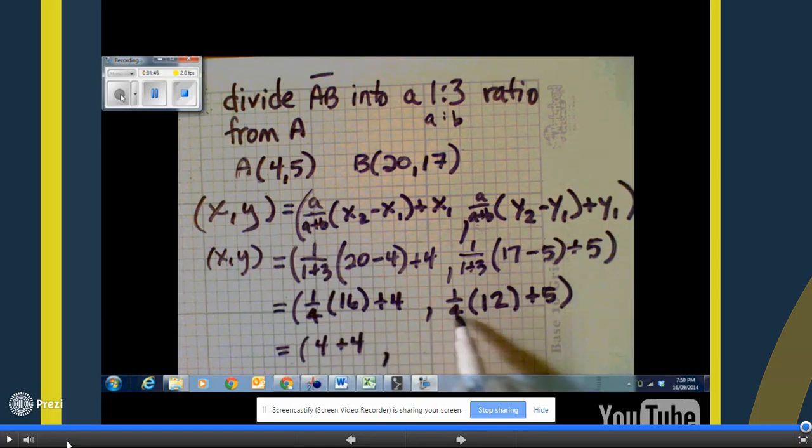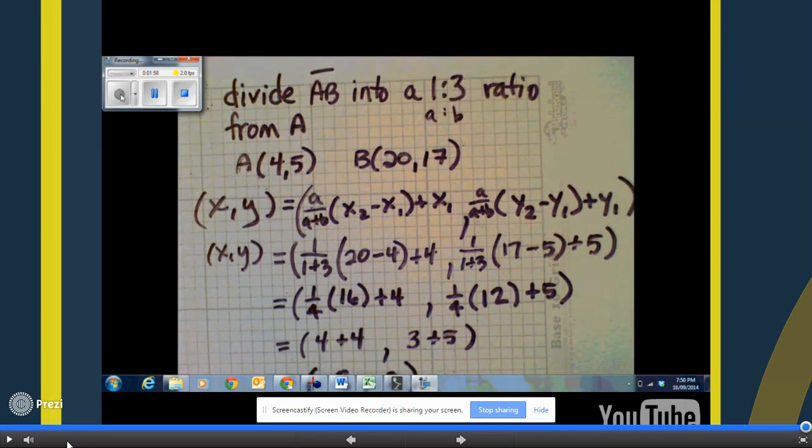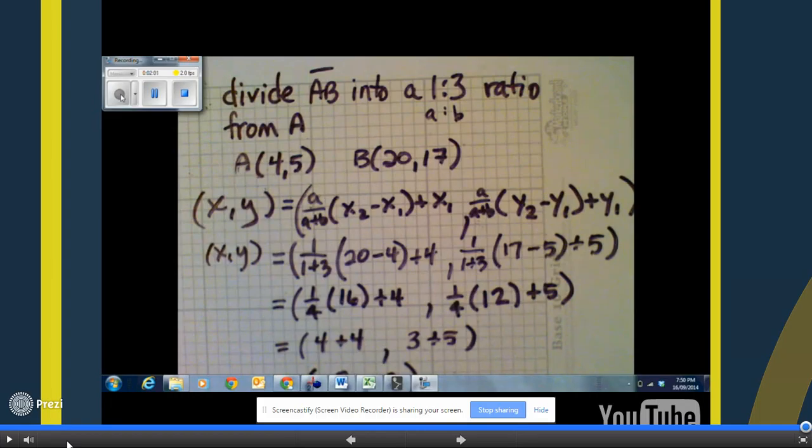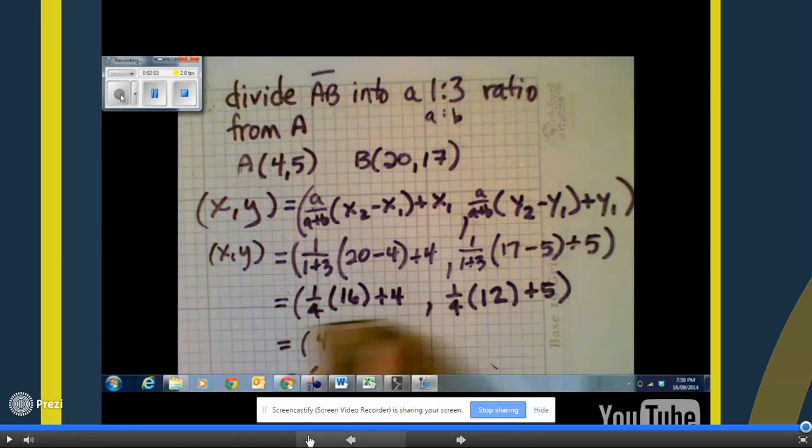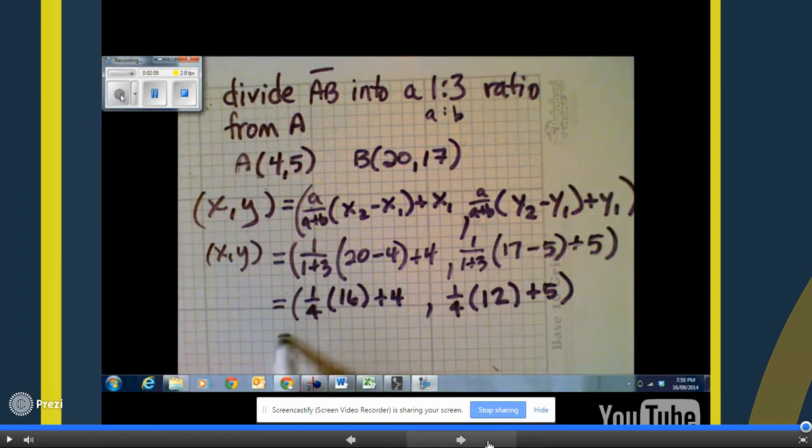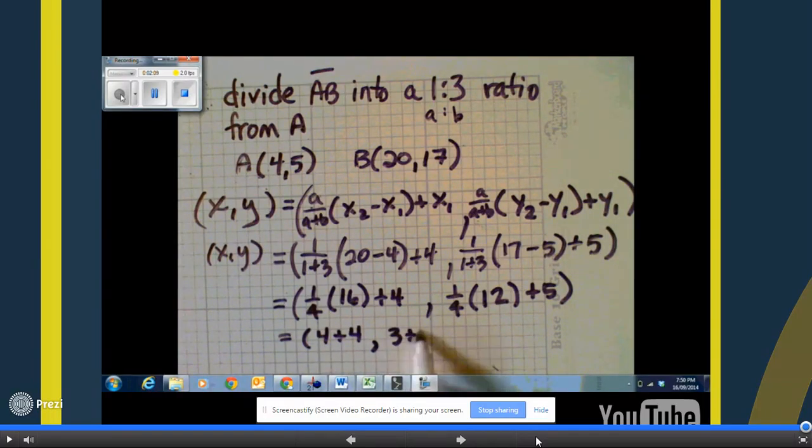For the other coordinate, 1/4 of 12 is 3, so it becomes 3 plus 5. So our coordinates become 8, 8, which is what we had in the example. So that's how the part-to-part ratio works.